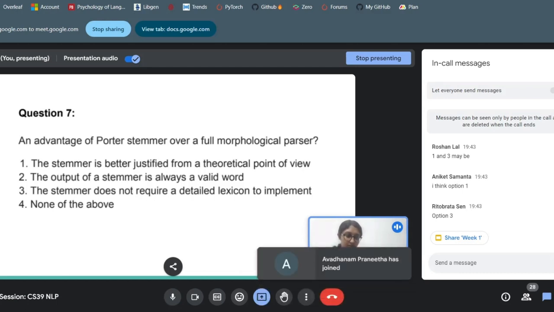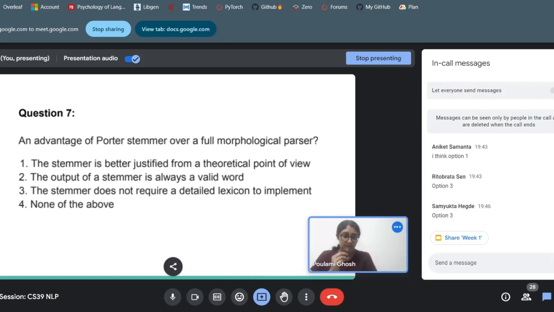Still just four people have answered. We will wait a few more minutes. Please, others also try. Please put your answers in the chat. Only four, five people have answered out of 28. Ma'am, can you explain the meaning of lexicon, which is present in option three?